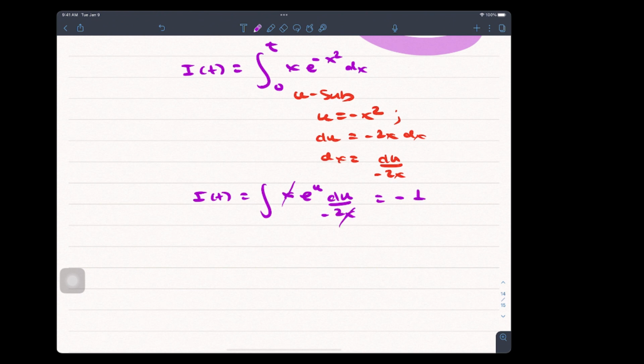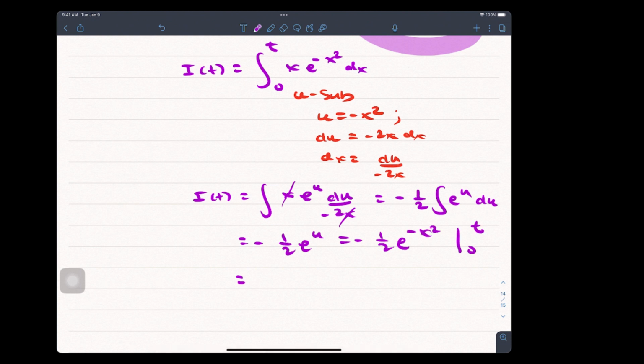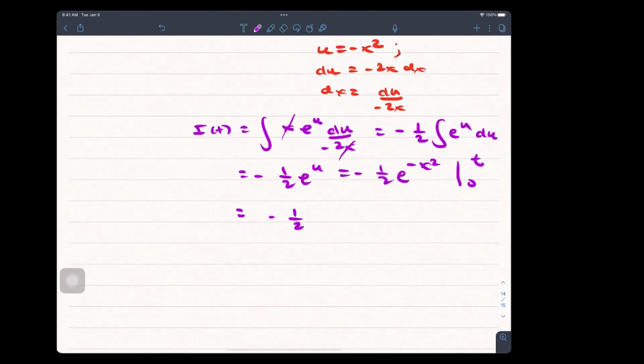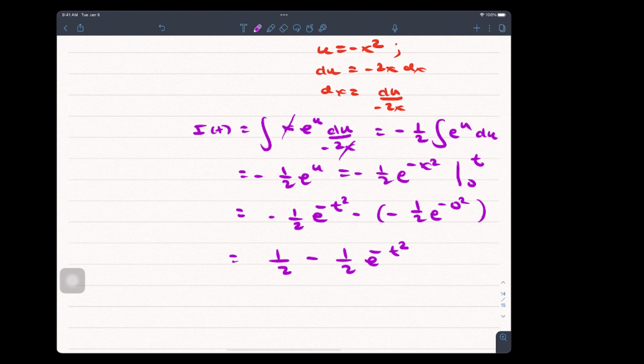So now you have negative 1/2 integral e to the u du, where u is minus x squared, and we go from 0 to t. That's minus 1/2 e to the minus t squared, minus the value at 0, e to the minus 0 squared. So you get 1/2 minus 1/2 e to the minus t squared. Here's your I of t.